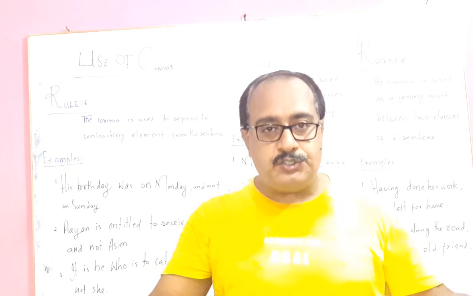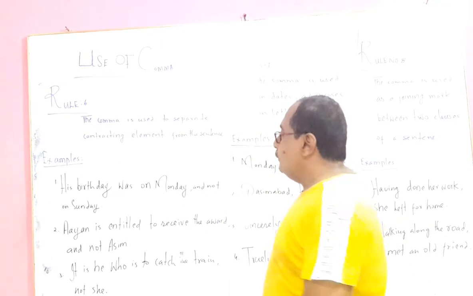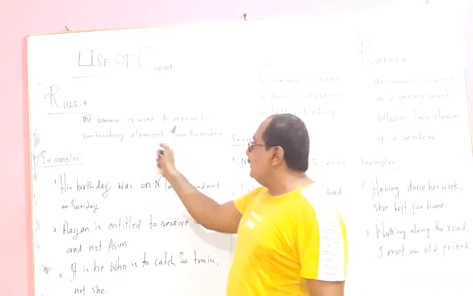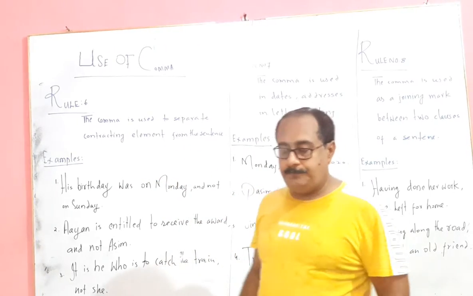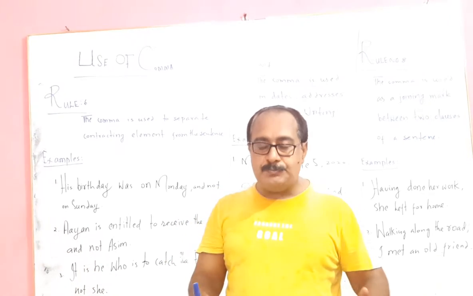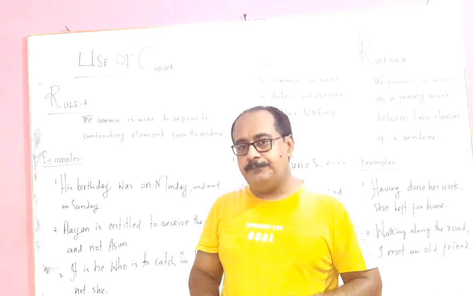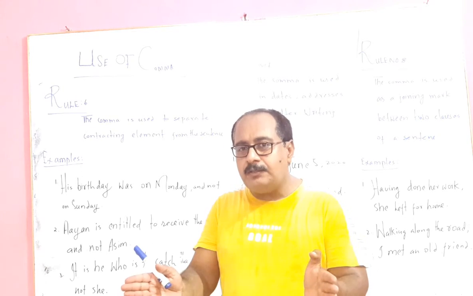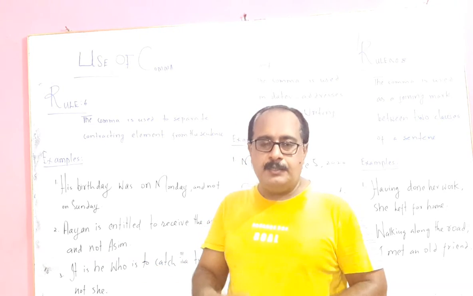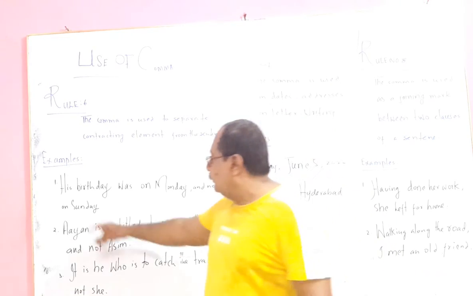So let's pay attention. Rule number 6 says, the comma is used to separate a contradictory element from the sentence. Contradictory elements means some opposite sentence or opposite words. You have to separate them by using a comma. See the example.